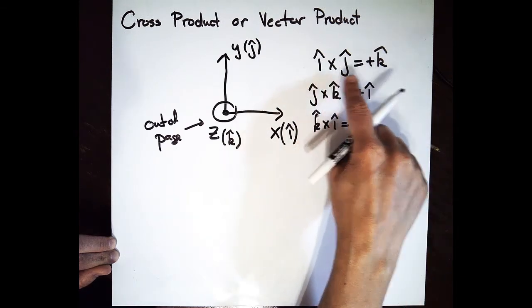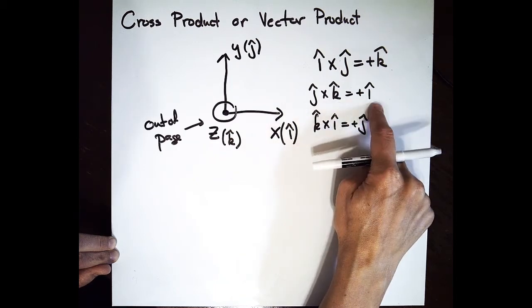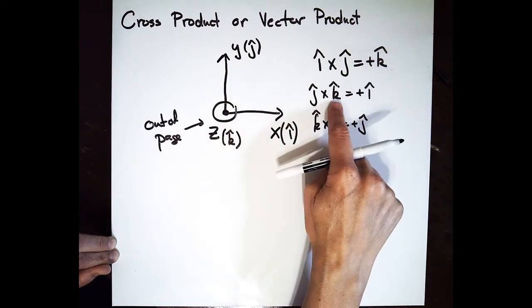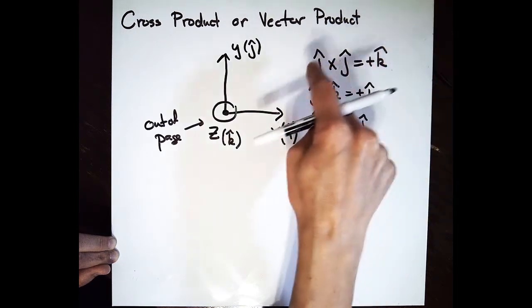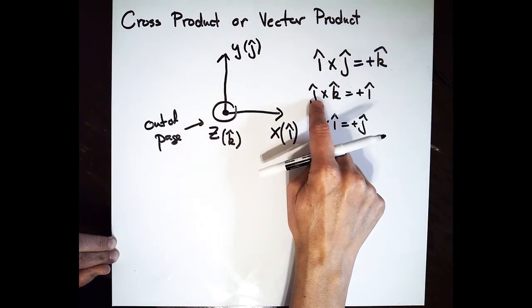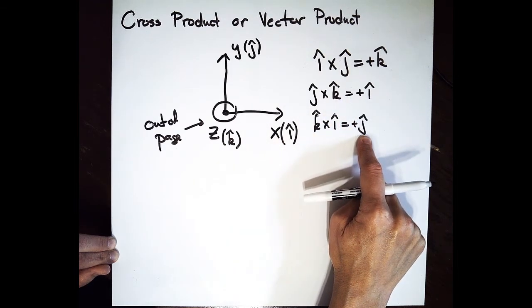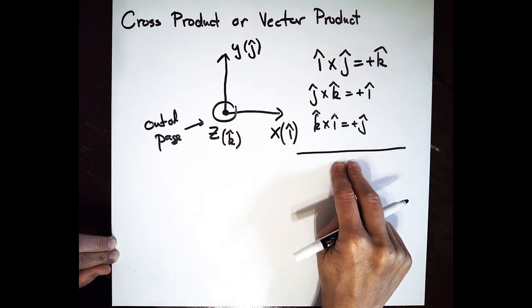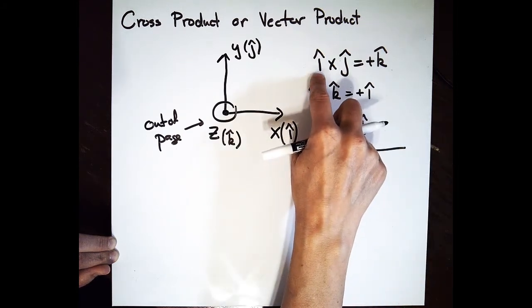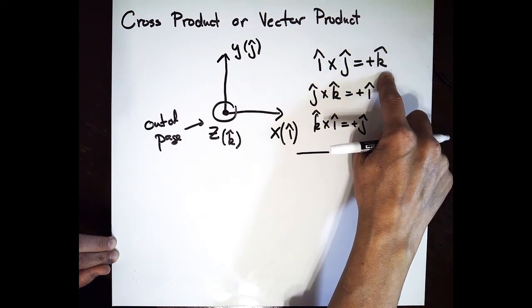So again, kind of alphabetical, though you have to make the funny thing that when you get to k, you loop back to i. But as long as you're willing to do that, say that the order is i, j, k, back to i, when we go in alphabetical order, the result is always positive. And that's really what people mean by a right-handed coordinate system. The x piece crossed with the y piece gives you positive the z piece.